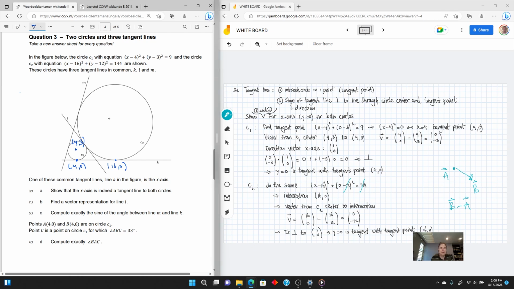And then you do exactly the same for showing that the vector from the center to the tangent point here is perpendicular to the direction vector of the line. Okay, that's not too difficult.